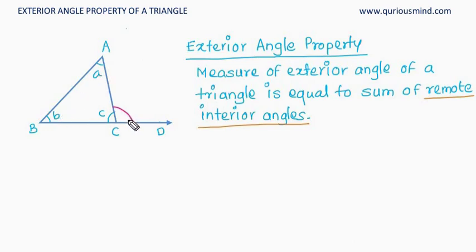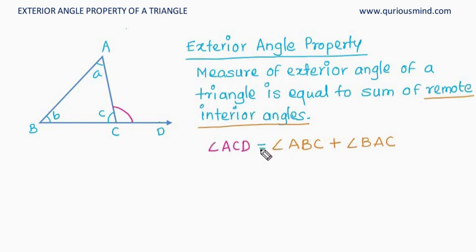For the exterior angle ACD, angle BAC and angle ABC are remote interior angles. So in this case, angle ACD is equal to angle ABC plus angle BAC.